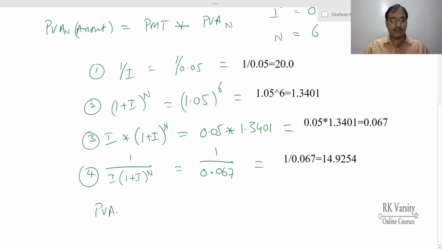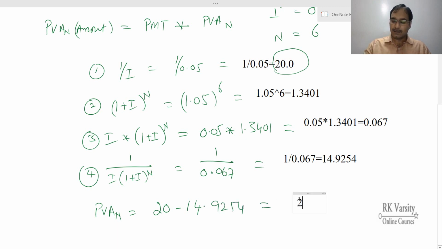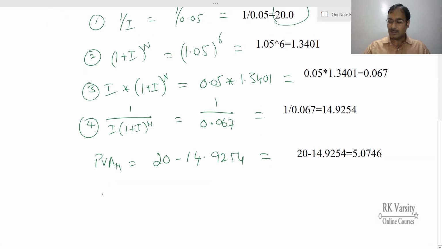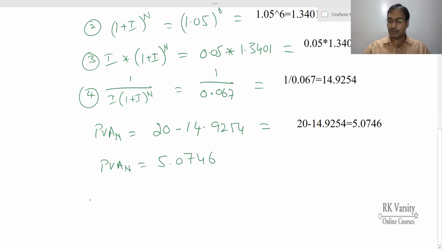This is the present value annuity factor at N. This equals 20, this value, minus 14.9254, which is 5.0746. So your present value annuity factor ordinary is 5.0746, and the amount that you can borrow is PMT times the present value annuity factor at N.